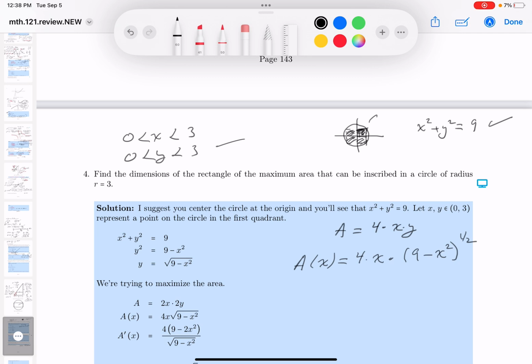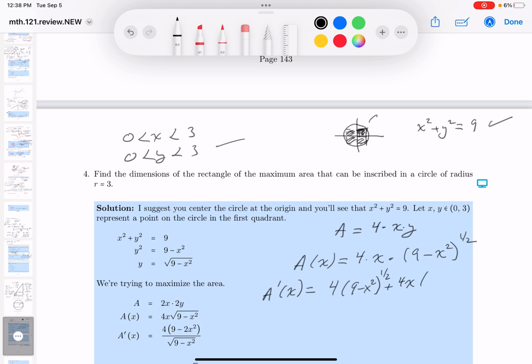All right? That's probably a good place to start thinking about what I need to do next, which is take the derivative. And let me see if I can do that. A prime. I'm going to say 4, I'm using the product rule, times 9 minus x squared to the 1/2 power, plus 4x.